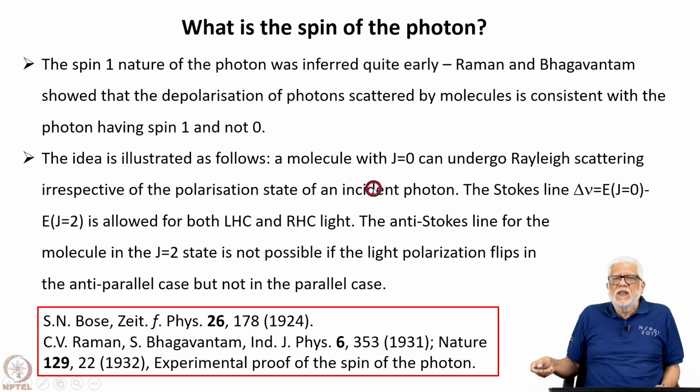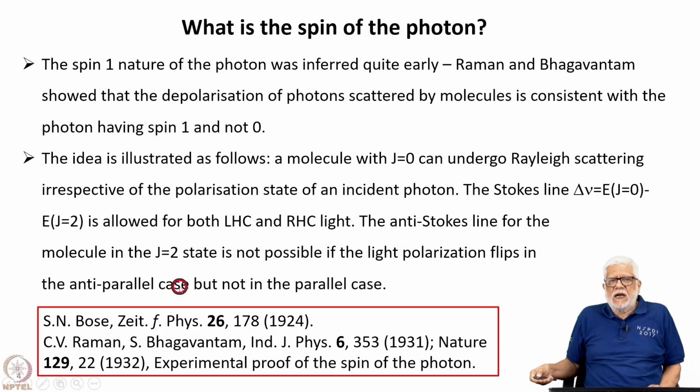So, what happens is that this is of course not the Stokes line, sorry, the anti-Stokes line. The Stokes line is allowed for both left-handed and right-handed circularly polarized light. The anti-Stokes line, which is at a frequency higher than the incident photon frequency, where it gains energy from the molecule, which might be in a rotational or a vibrational state, is not possible if the light polarization flips in the anti-parallel case, but not in the parallel case.